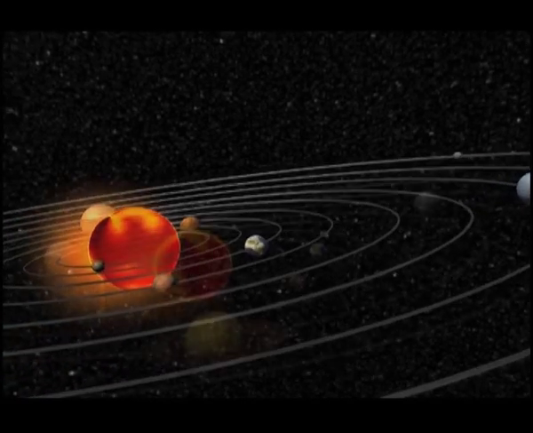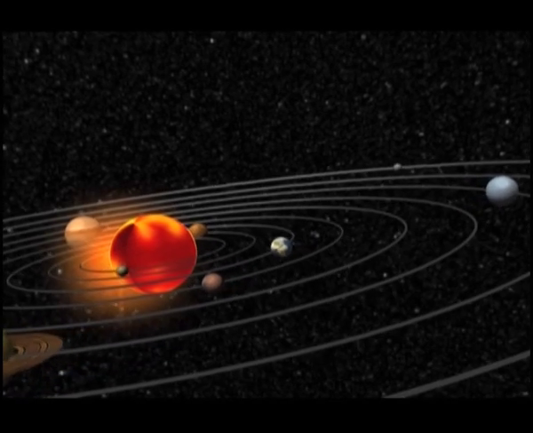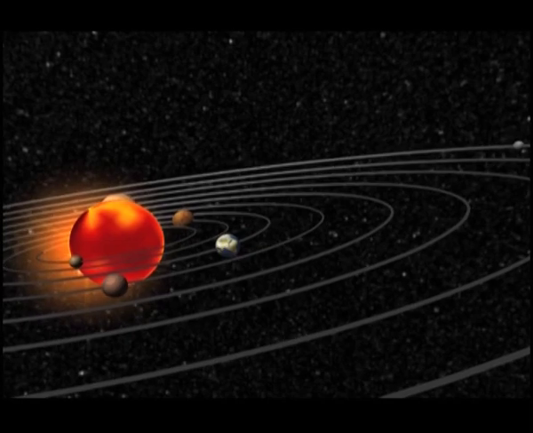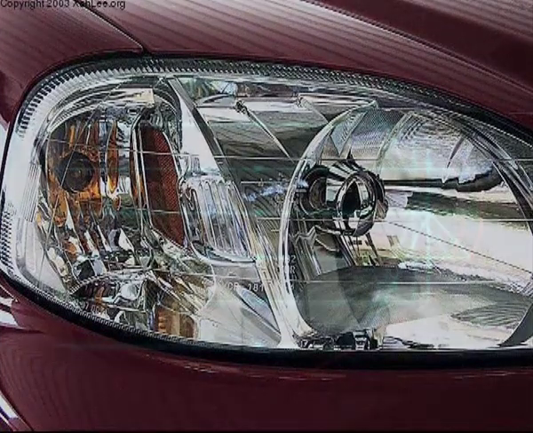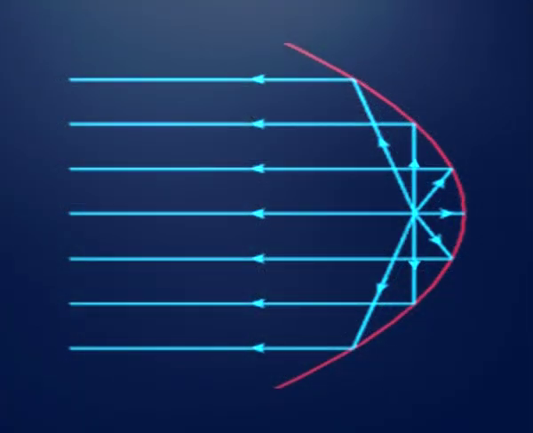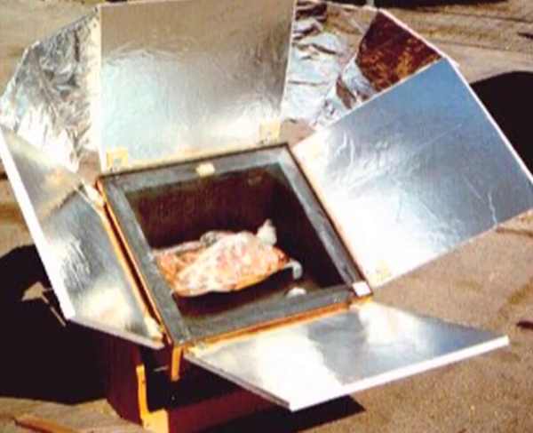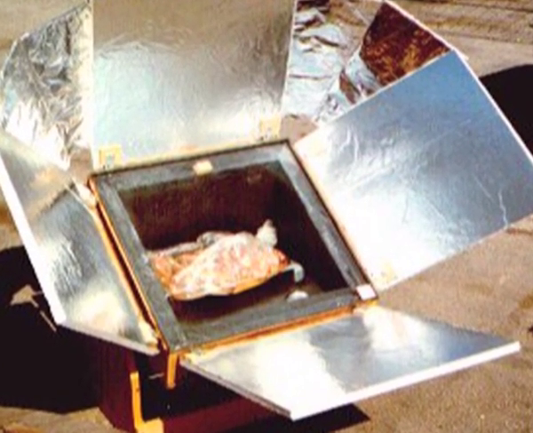The paths of the planets around the Sun are ellipses with the Sun at one focus. 2. Parabolic mirrors are used to converge light beams at the focus of the parabola. 3. Solar ovens use parabolic mirrors to converge light beams for heating.